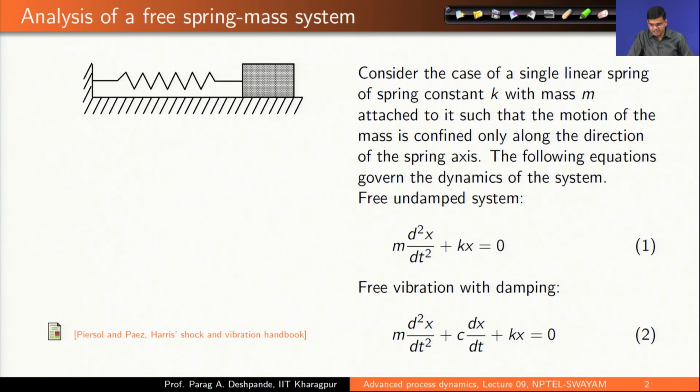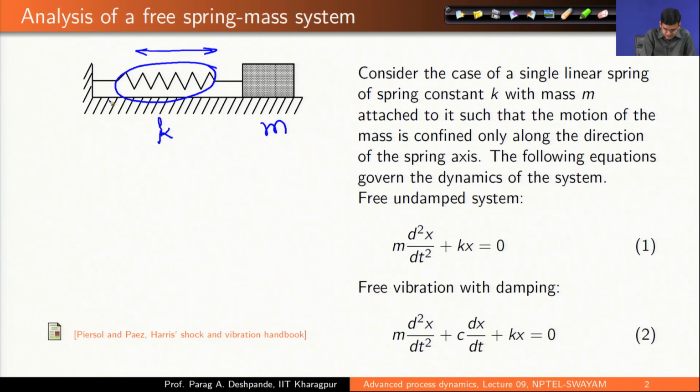So, we have here a spring mass system. This is the spring, and a spring is characterized by the spring constant. So, we have the linear spring which is characterized by the spring constant k, and it is fitted with a mass m such that the motion is confined only along the direction of the axis of the spring, and the system is assumed to have no friction.